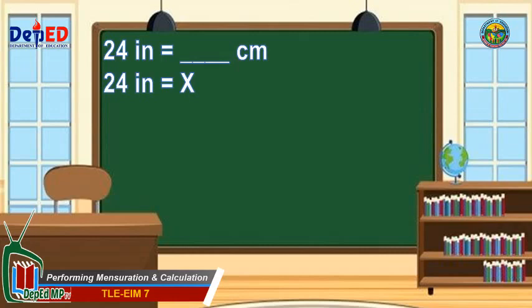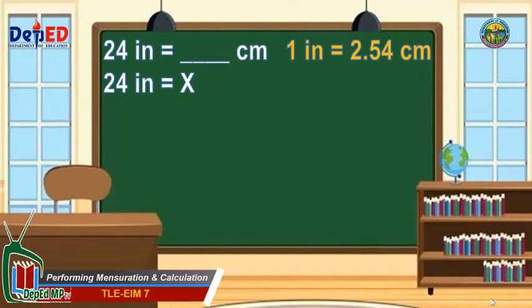Now the next thing to do is to look for the equivalent value of 1 inch in centimeters, and then we write it beside the first equation or below it. Since the standard value of 1 inch is 2.54 centimeters, we write it as 1 inch is equal to 2.54 centimeters.